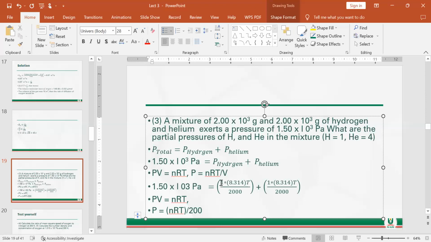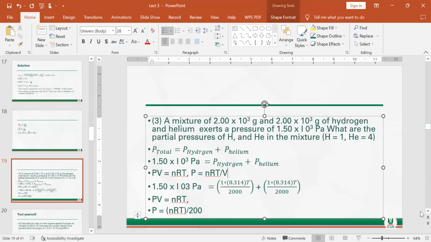It was only 1 mole. R is 8.314, and then T is the temperature, all over volume. The volume was given here as 2,000 meters cube. The same thing with helium, and the number of moles is 1. The gas constant is here, the temperature is here, and this is also given here.